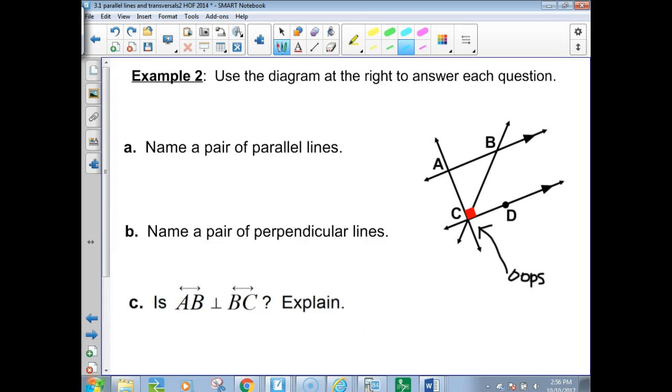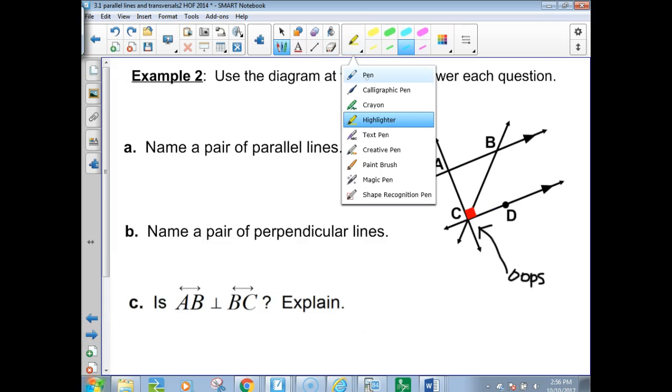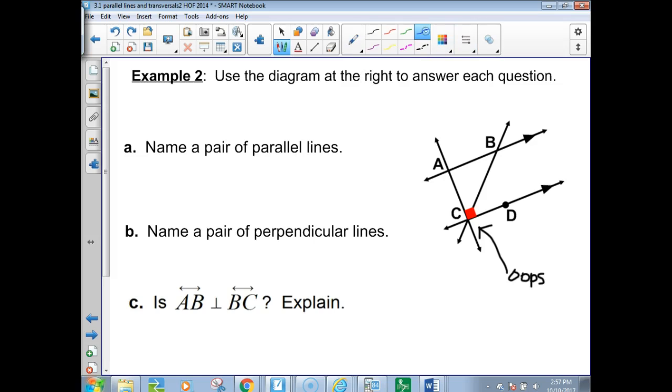All right. We're going to name now a pair of parallel lines using this diagram. These arrows right here mean parallel. The symbol for parallel is 2 sort of L's sideways. I tilt them so they don't look like 2 L's.